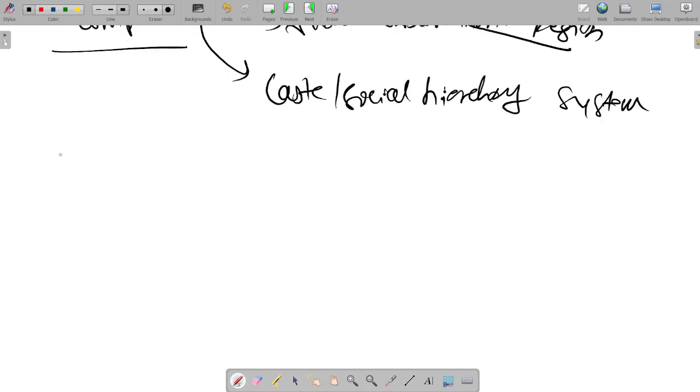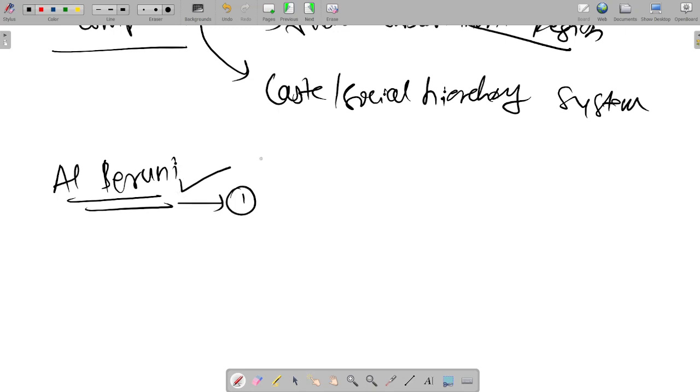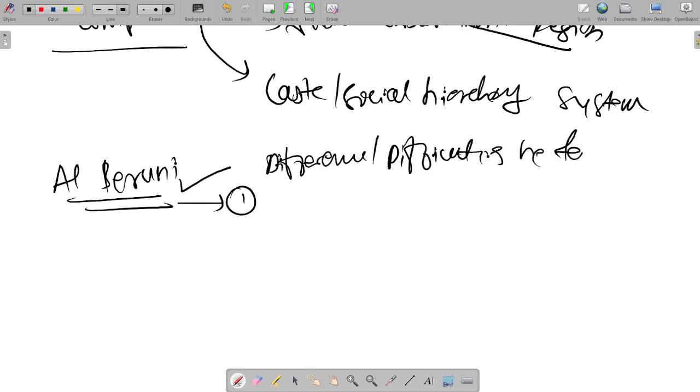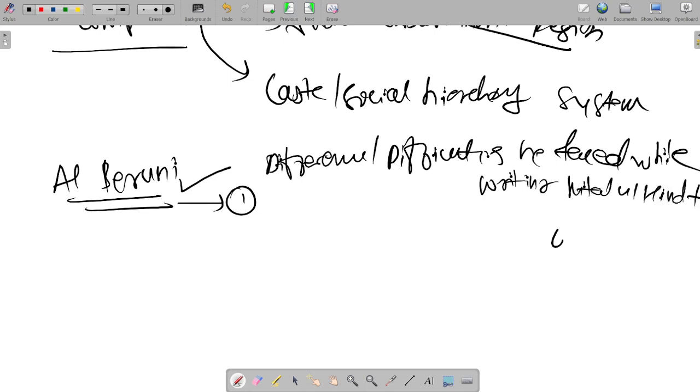The major contribution is of Al-Biruni. He talks in his book about the difficulties he faced while writing Kitab al-Hind and his overall travel experience.